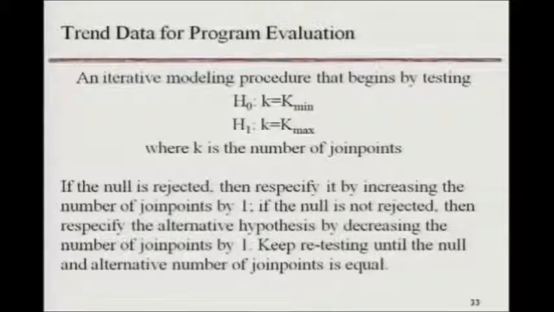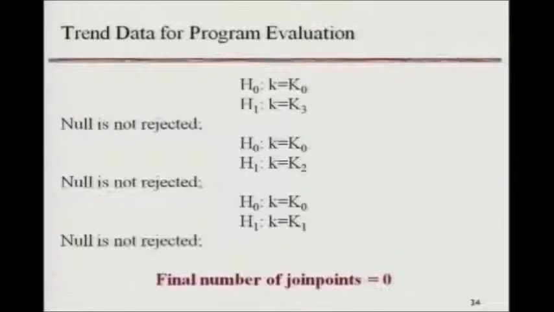I have a little trivial example here. So we're going to start out saying the null hypothesis is there are no join points, no inflection points, no changes in the slope of the line. And we asked it to test as high as 3 inflection points. The first test, the null is not rejected. So for the next test, it leaves the null hypothesis the same because we couldn't reject it.